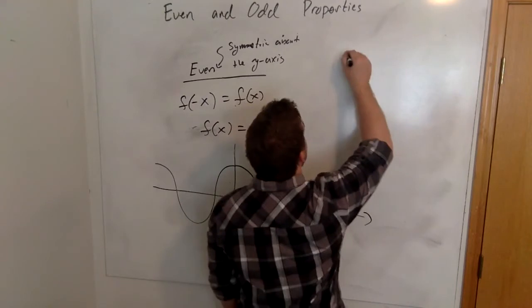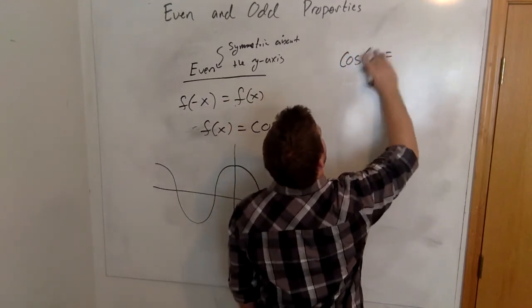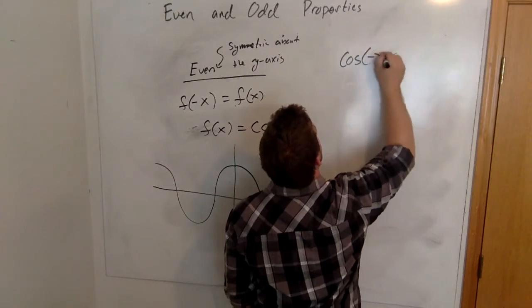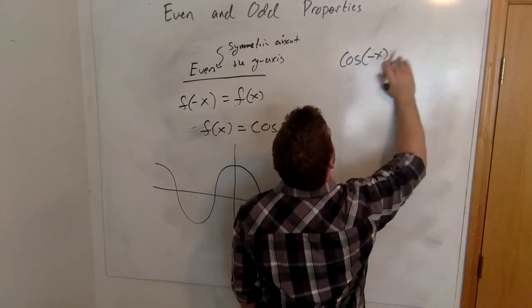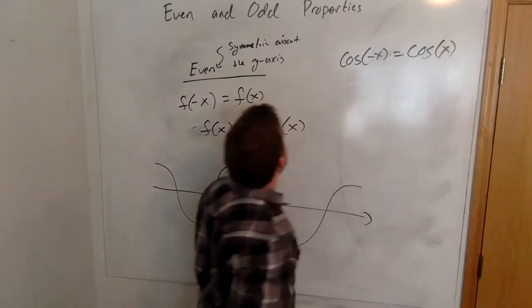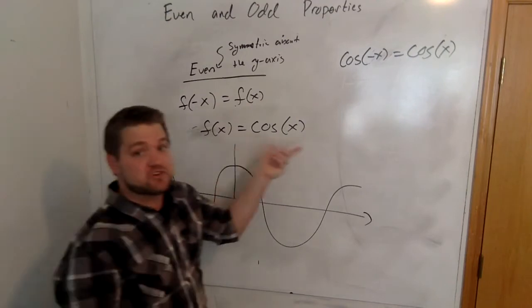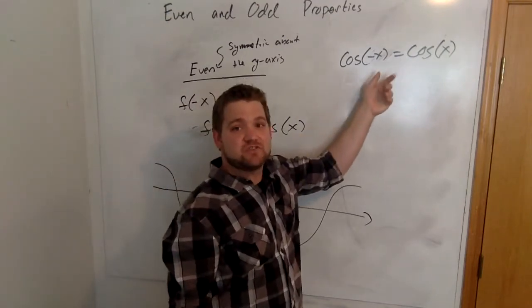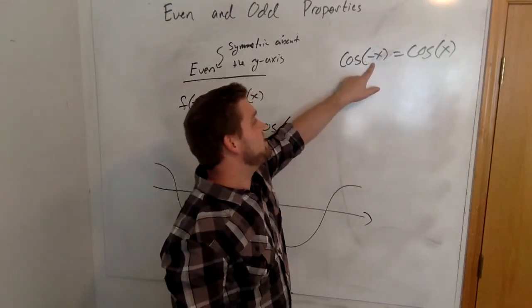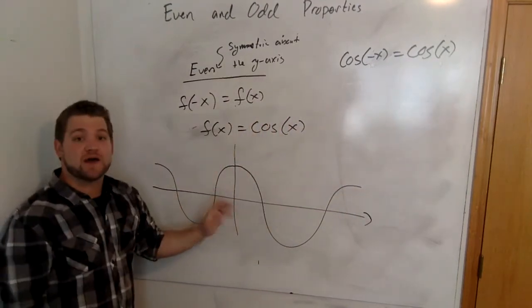What we have here is that the cosine of x is equivalent to the cosine of negative x. What do we do with negatives on the inside of cosine? Nothing happens to them. Cosine is an even function. This is our first even-odd property of trig functions: cosine is an even function. You throw a negative on the inside of a cosine function, it does nothing. This function is symmetric about the y-axis.